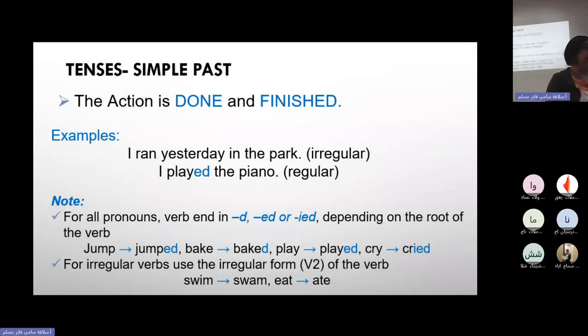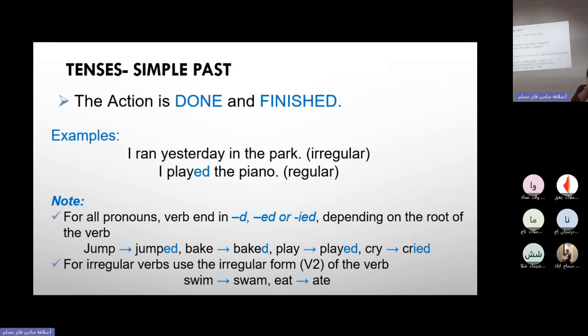السمبل past. امتى؟ When do we use simple past? For actions that are done, finished. خلاص. صارت وانتهت. اوكي؟ Examples. I ran yesterday in the park.